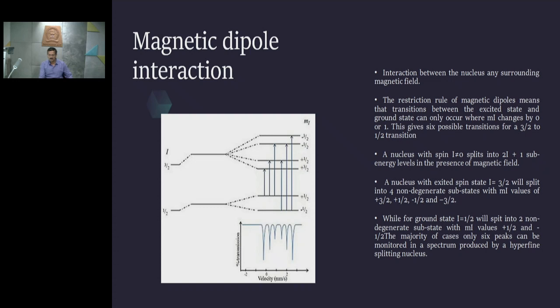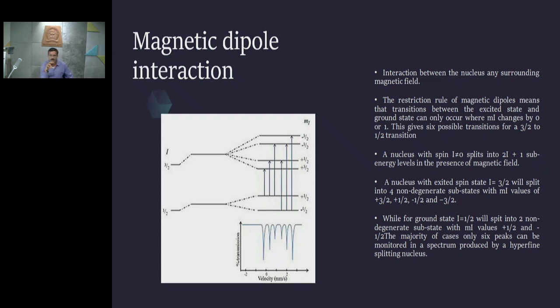the magnetic dipole moment. The magnetic dipole interaction between the nucleus and the surrounding magnetic field. So how does it work? There is a rule for the magnetic dipole, meaning there is an excited state and a ground state, so a transition takes place. For that purpose, a nucleus with spin I not equal to 0 splits into 2I plus 1 sub energy levels.